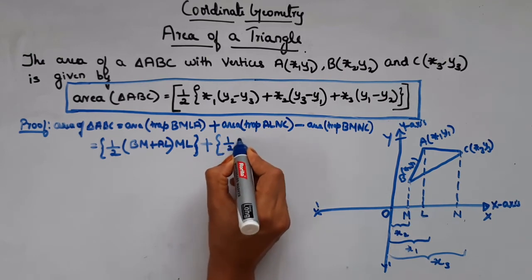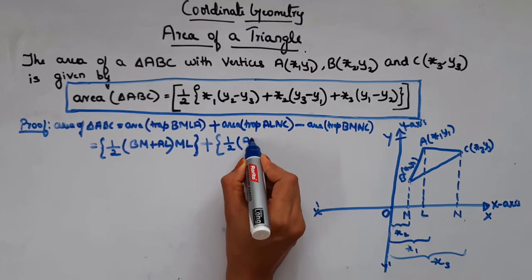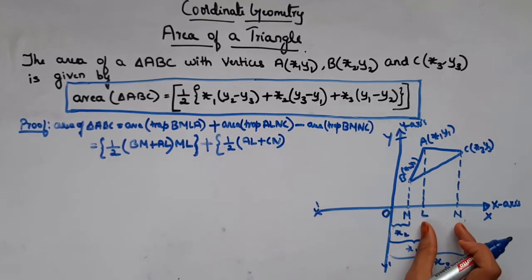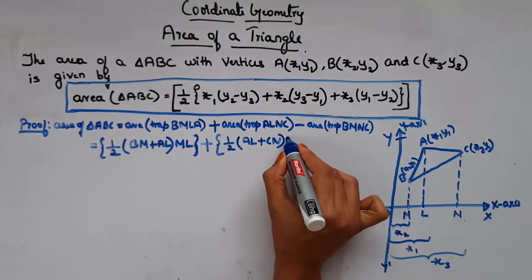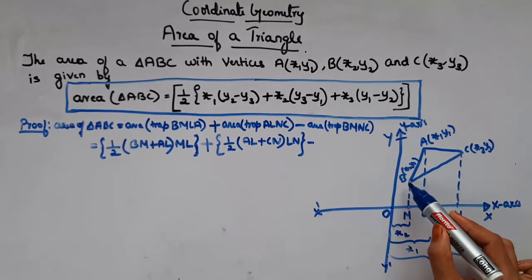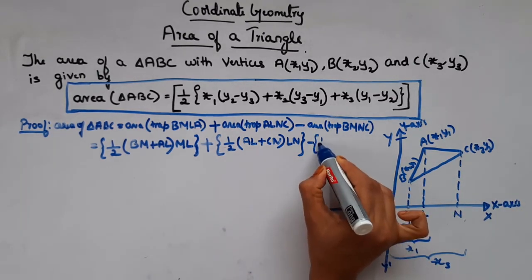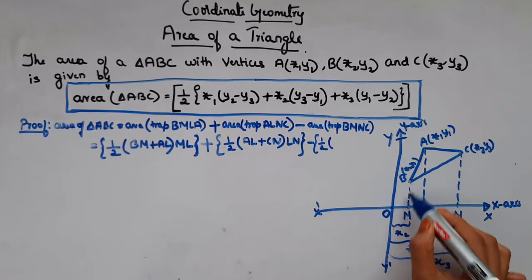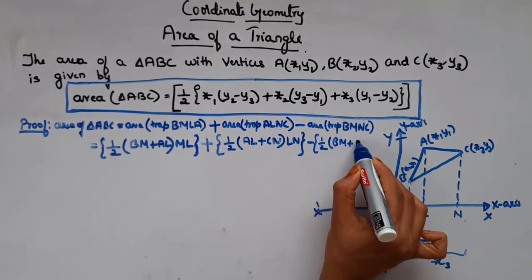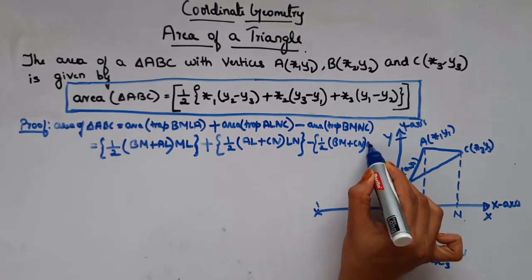So half into sum of the parallel sides, here the parallel sides are AL plus CN into distance between the parallel sides is LN, minus area of the trapezium BMNC. So we have half into sum of the parallel sides here are BM plus CN into distance between them is MN.